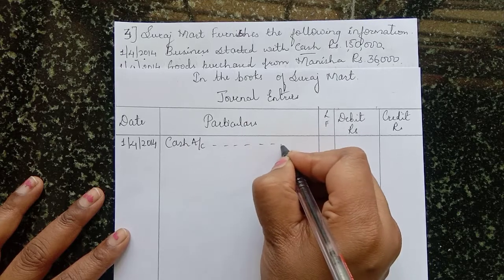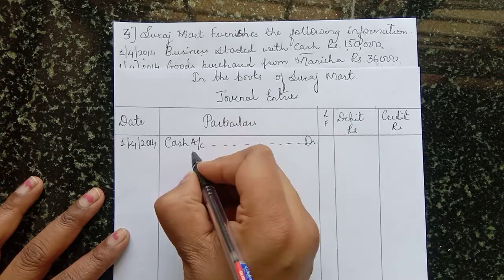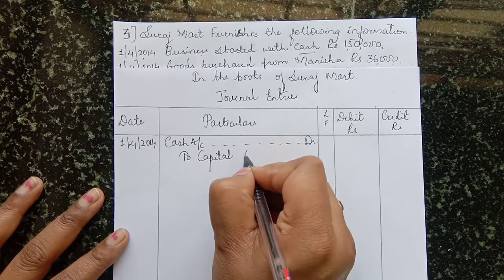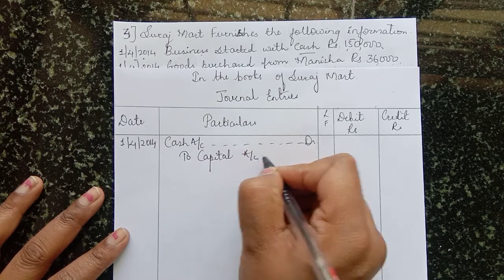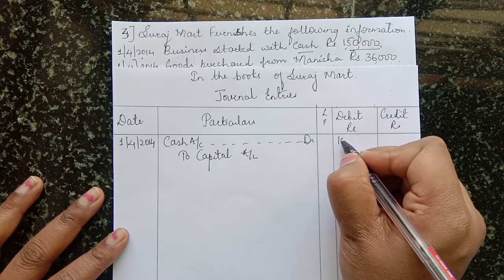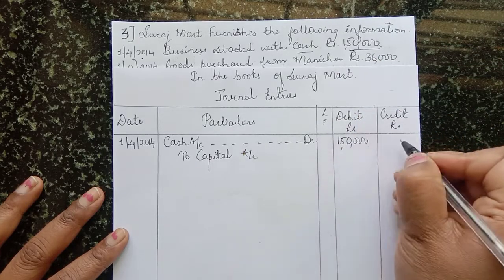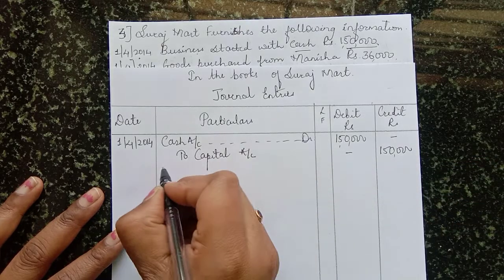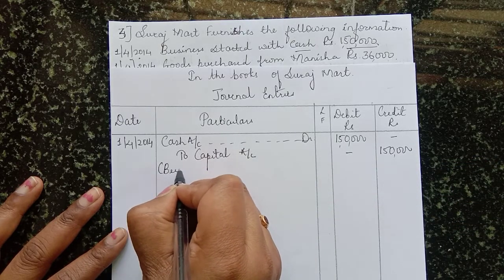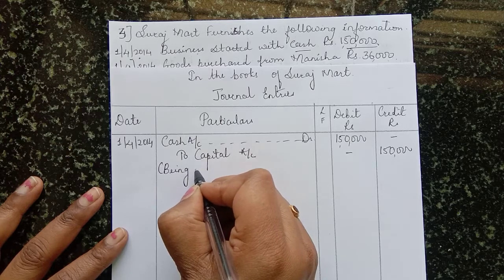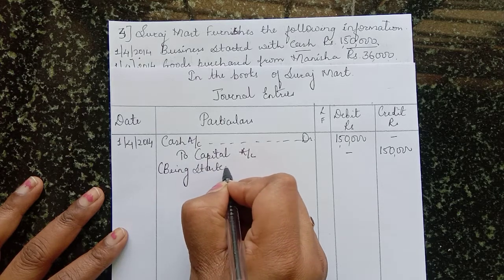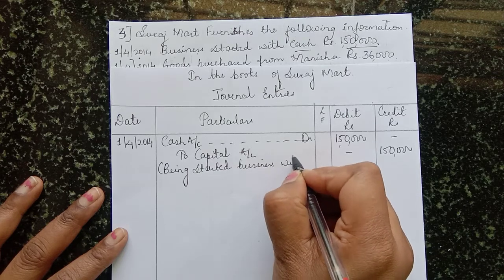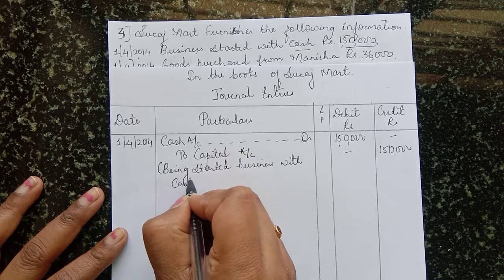Cash account debit to capital account. Now how much is the amount? 1,50,000 debit amount. Next credit amount 1,50,000. Write the narration: being started business with cash.